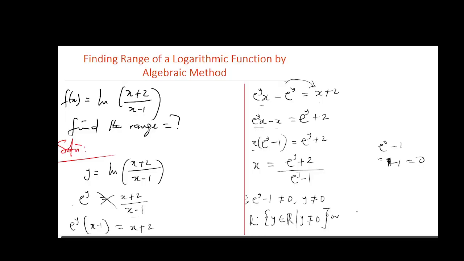So we have from negative infinity to 0, union 0 to positive infinity. Because 0 is not included, that's why we are using the parentheses. All right, this is the final answer.